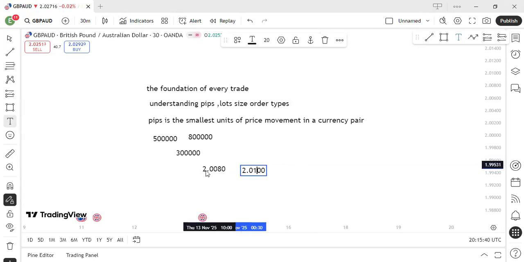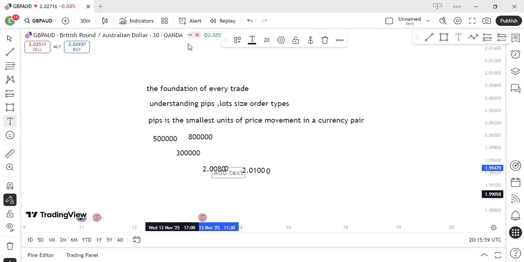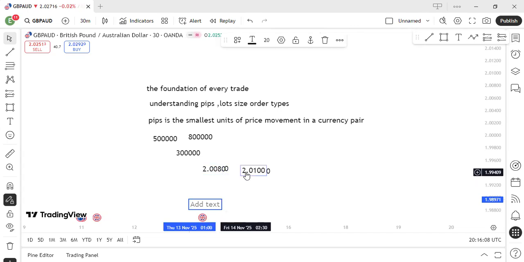Now, look at price move from 2.0080. Just follow me. Price moves from 2.00800 to 2.0100.